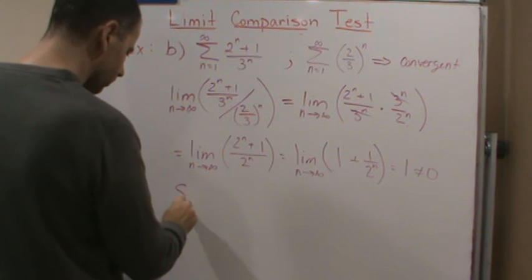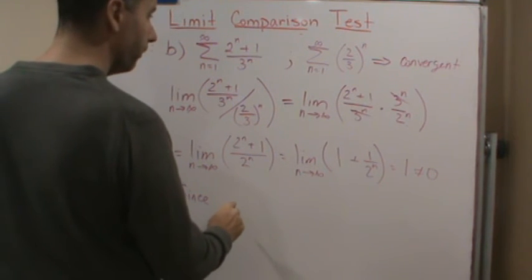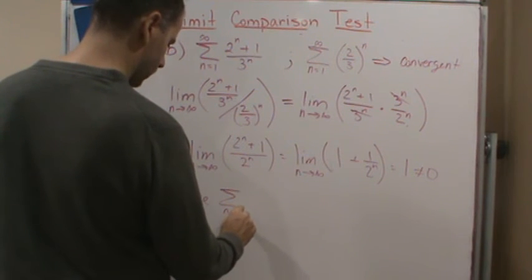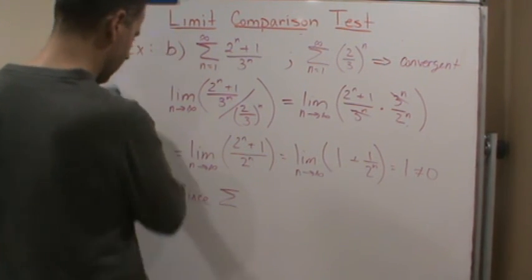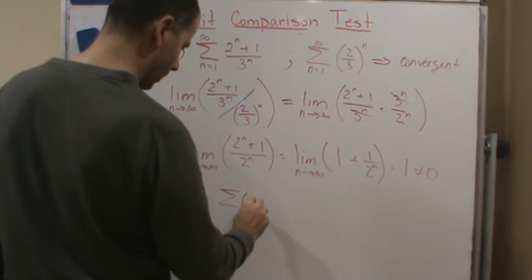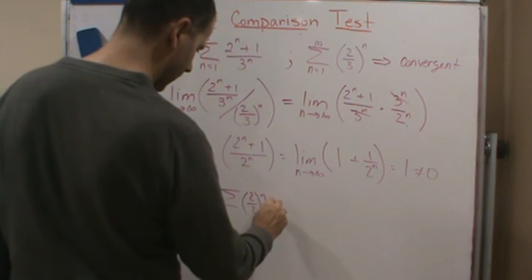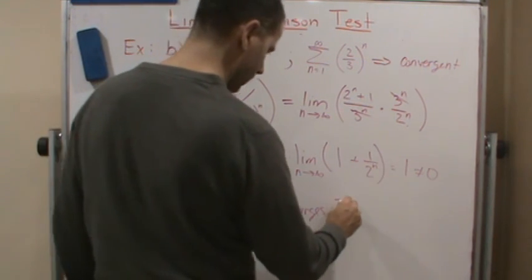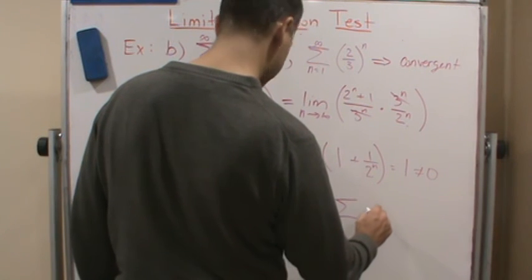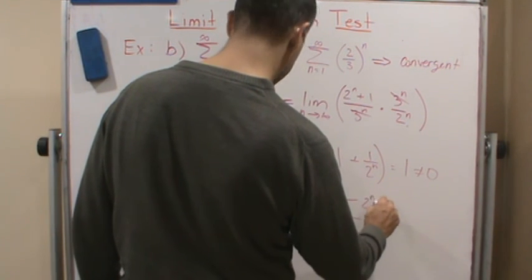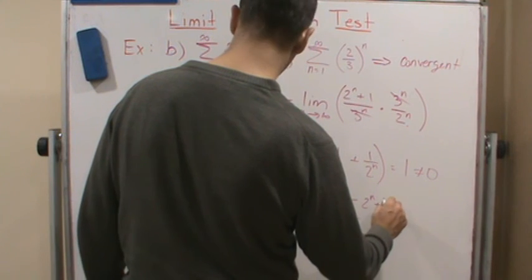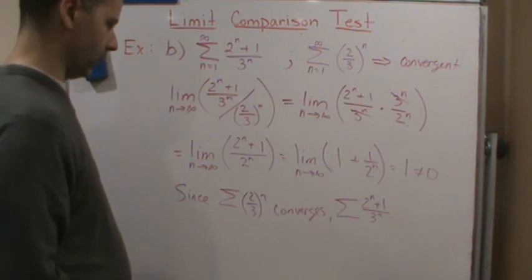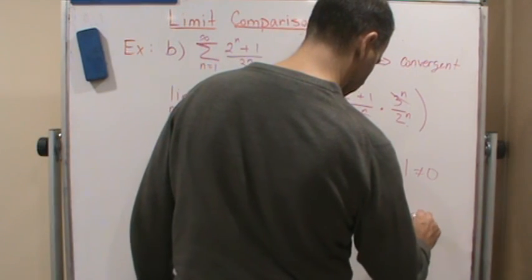So again, since the series, I'll just write the series, it's implied, since the series of 2/3 to the n converges, so does this one also converge.